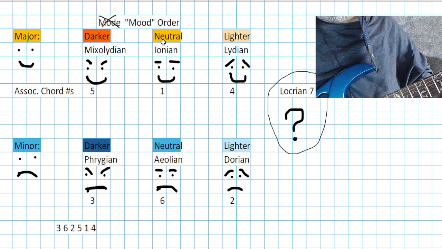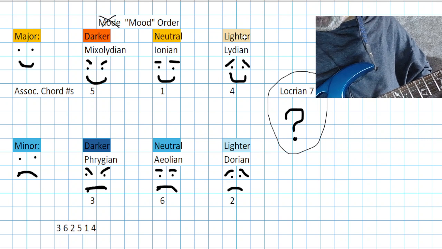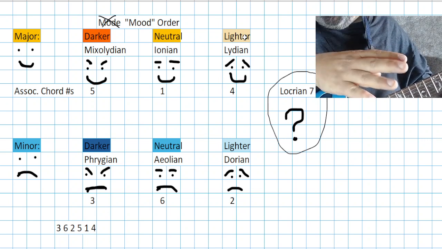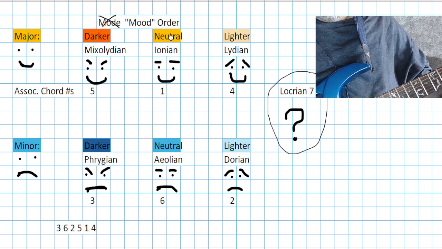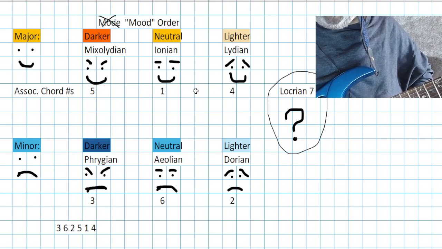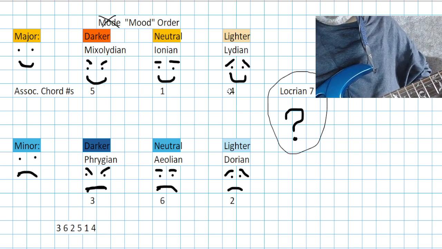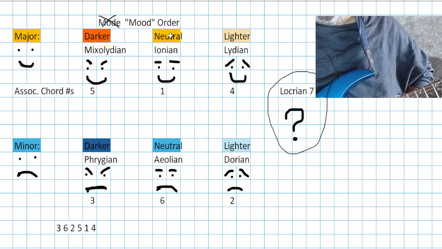We've got at the top here for our major, we have neutral, lighter on the left and darker on the right. There's a reason that I placed them like that. When it comes to numerical chord order, which we'll talk about in a bit, it would make more sense to have the 4, then the 1, then the 5, just in my own thinking. But let's not worry. Nothing to really worry about.